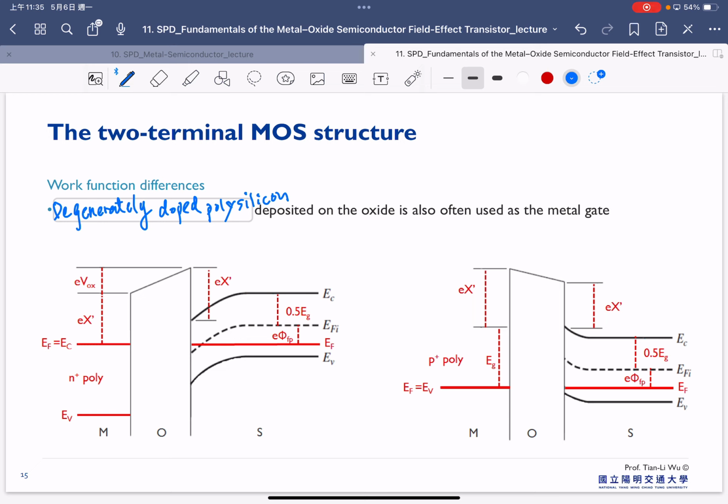So for sure, the first choice can be the metal gate, and the second choice can be doped polysilicon. Since this is doped polysilicon and it is degenerate, our EF is already aligned with the conduction band. So it should have very low resistivity because it is a degenerate type, and we can also have P plus poly here.